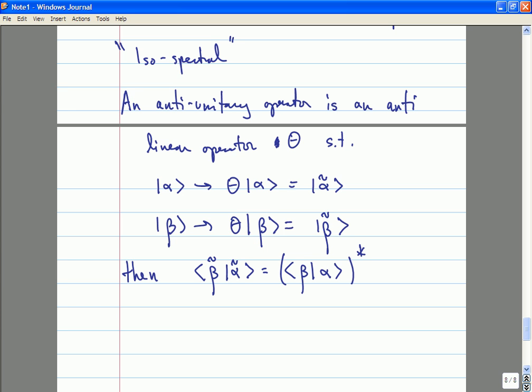I remind you that an anti-linear operator is one where if you act the operator on i times some state, you get minus i times that operator acting on the state.